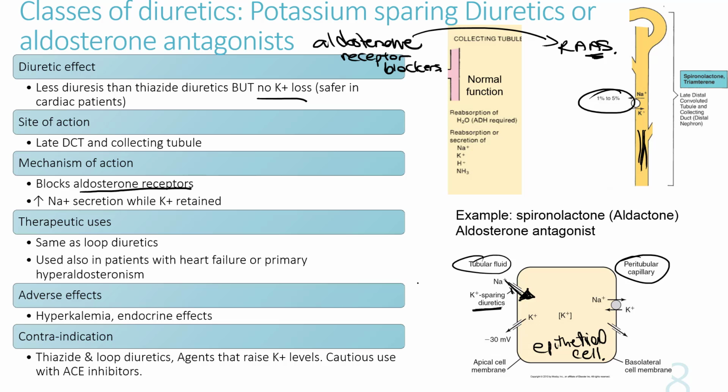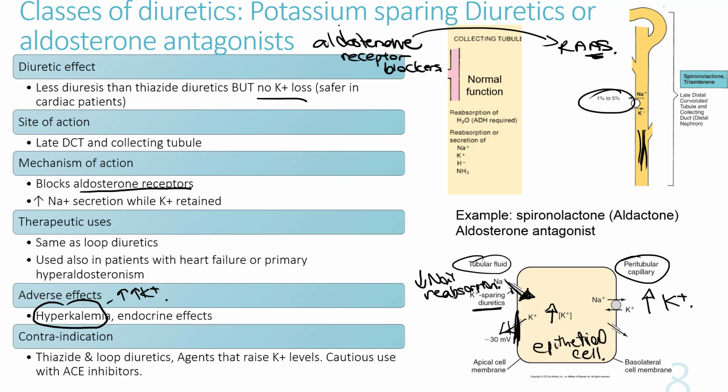So it blocks sodium reabsorption, and when it does, it basically stops potassium from leaving. The level of potassium increases inside the cell, and so the level of potassium in the blood also increases. You can see over here that the adverse effect is an increase in potassium levels.